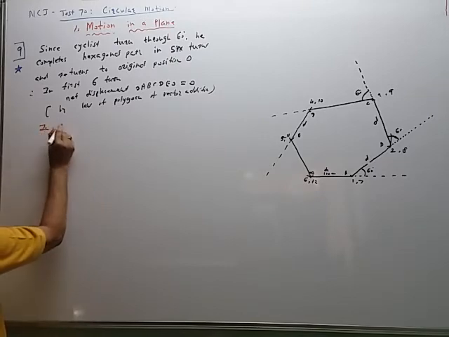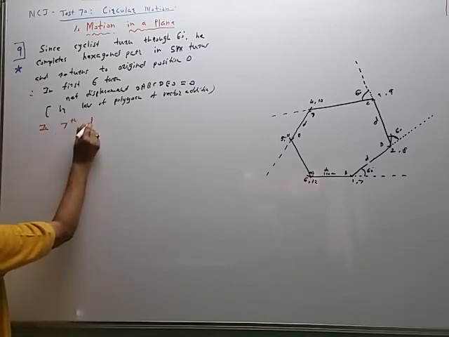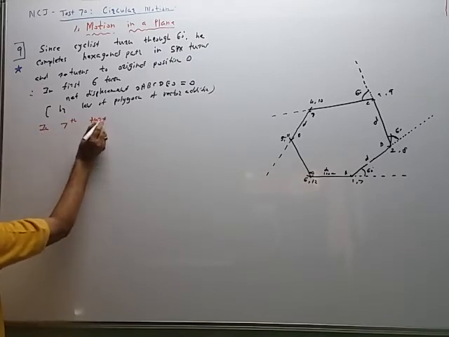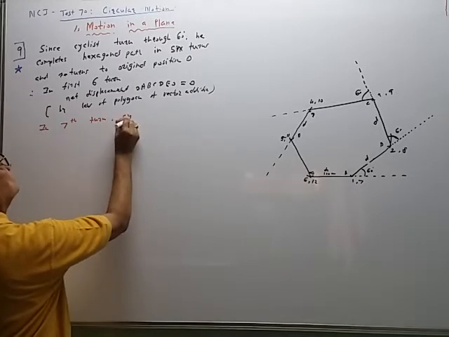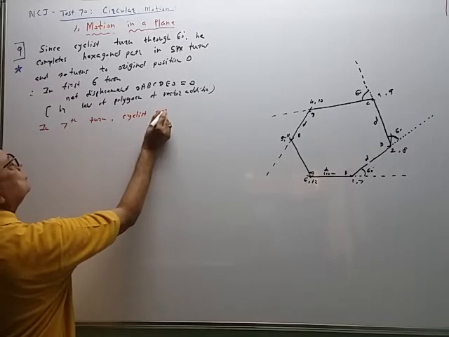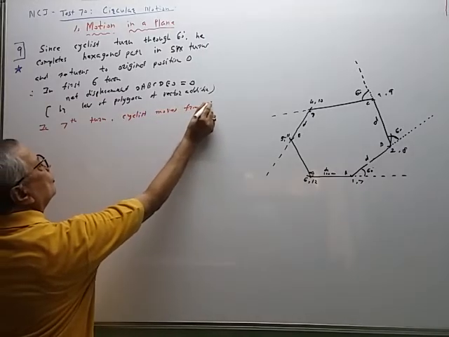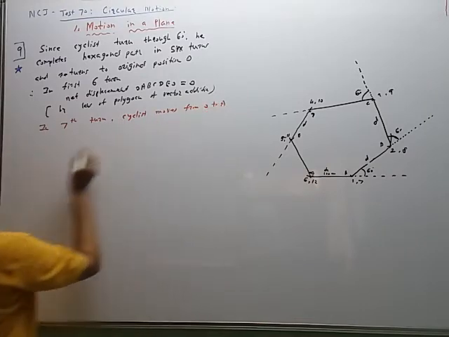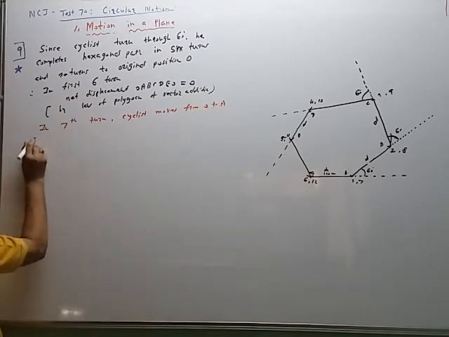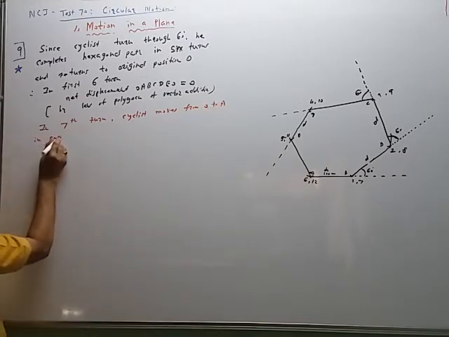In the 7th turn, the cyclist moves from O to A in the second round.